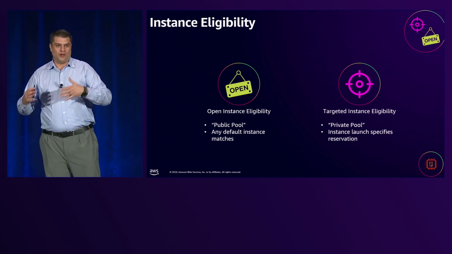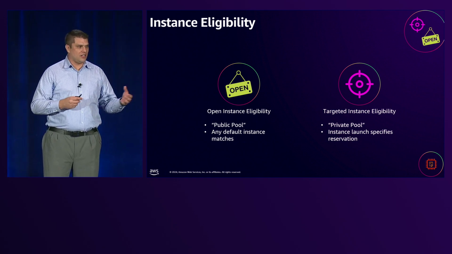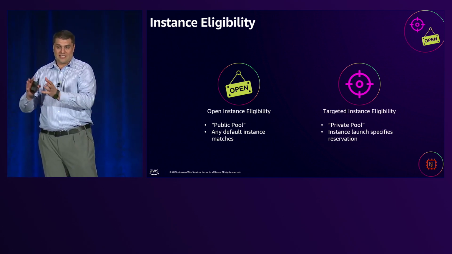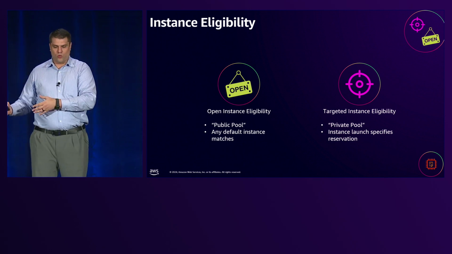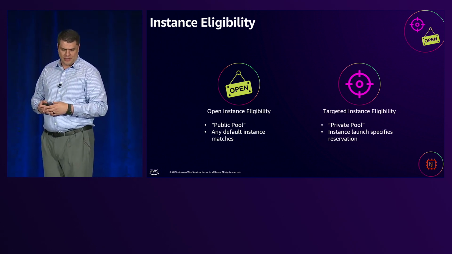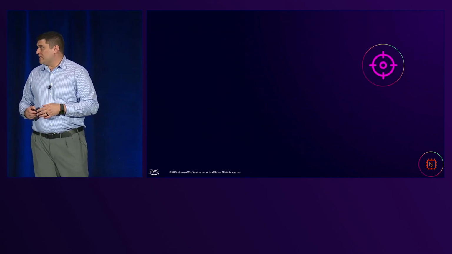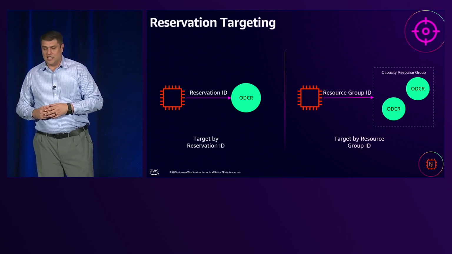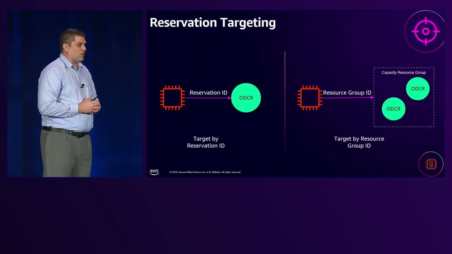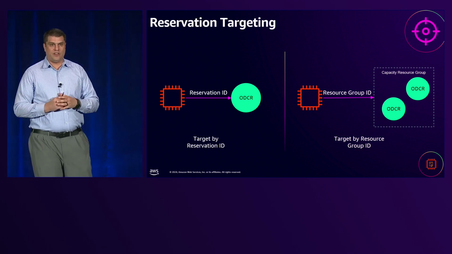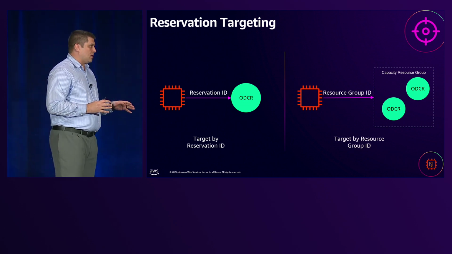If you have multiple workloads running in a single account, you can set this capacity aside so only your highly critical workload gets the capacity. The way to do that is through reservation targeting. And there are 2 different ways to target a reservation. One is definitely preferred over the other, and we'll talk about that in a second.